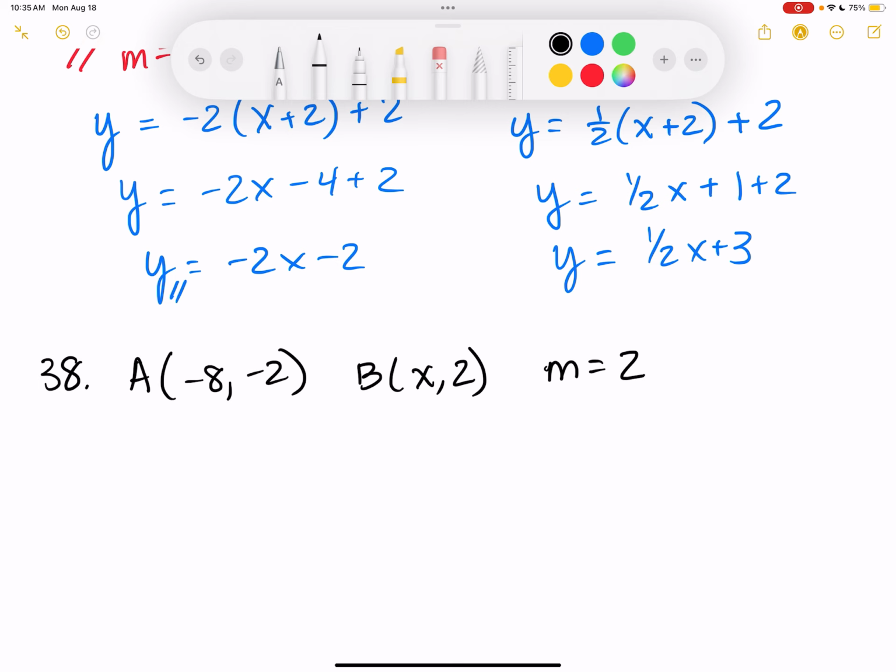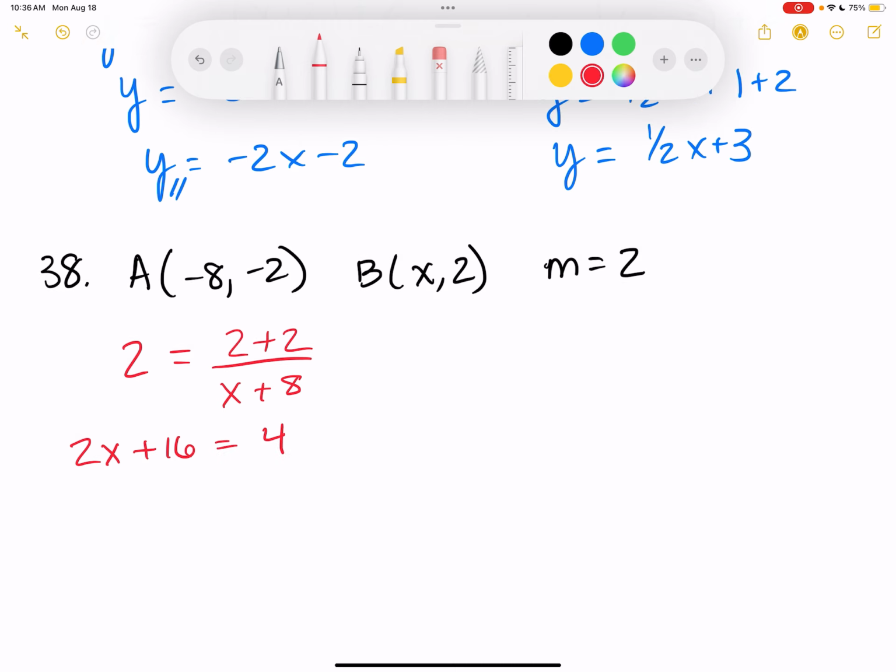So we've got 2 = (2 minus a negative, so plus 2) over (x minus negative 8, so plus 8). So I would just go ahead and multiply here, and instead of writing out the whole thing twice, I'm just going to go to 2x + 16 = 4.